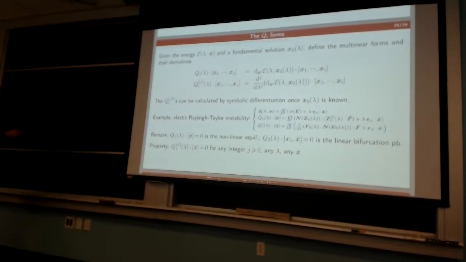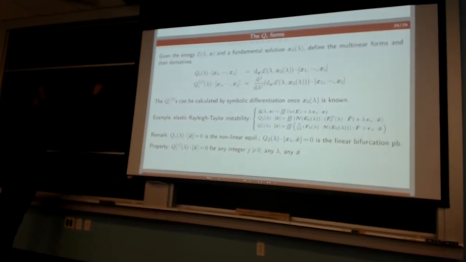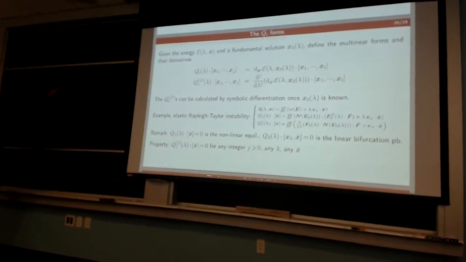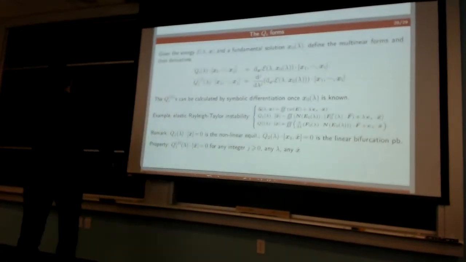Again, we've seen that for j equal 1 and j equal 2. Then the next stage is to replace the argument by some point sitting on the branch. So you'll see that we will take variations, and then at some point we'll substitute any remaining x by x naught. And that's what I call Q_j.